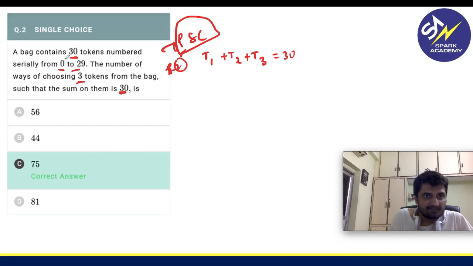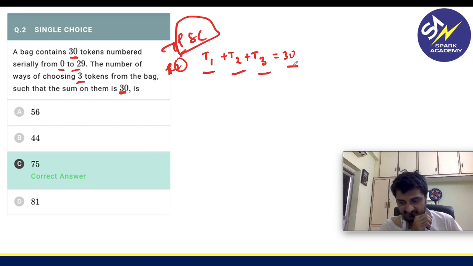Now let's do this. A bag contains 30 coins numbered from 0 to 29. The number of ways of choosing 3 tokens from the bag such that their sum is always 30. So what I need to find is T1 plus T2 plus T3 equals 30, right?